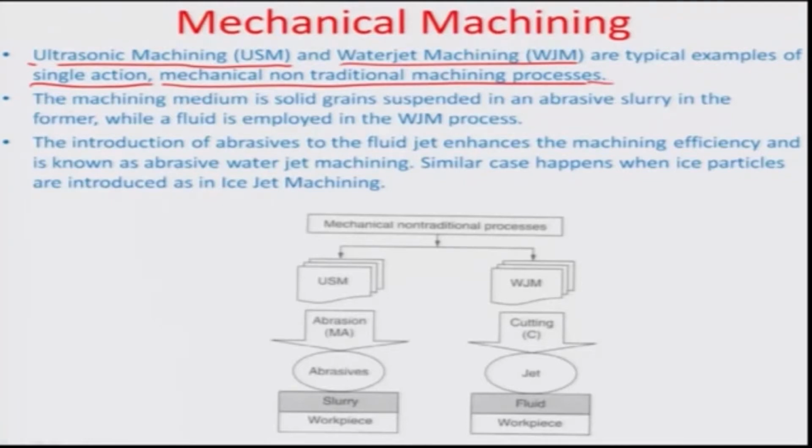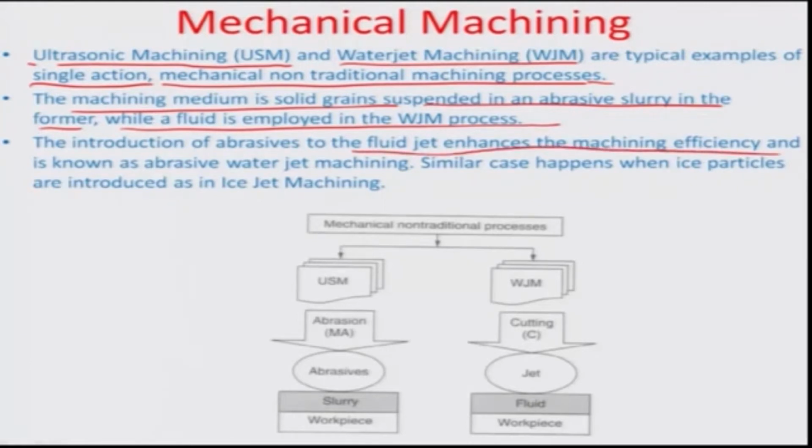The machining medium is solid grains suspended in an abrasive slurry in the former, while a fluid is employed in the WJM process. The introduction of abrasives to the fluid jet enhances the machining efficiency and is known as abrasive water jet machining, and basically it means mechanical energy, that is number one.